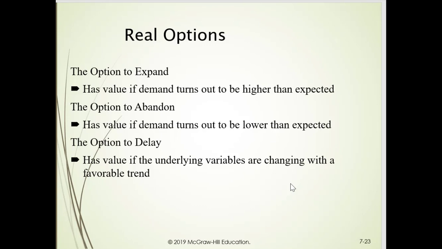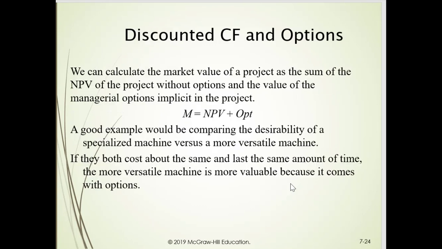All of these things we have the ability to analyze and try to figure out how they affect the overall decision of the company. So to calculate this, the market value of a product, what is it really worth? It's worth its net present value plus the value of any option.